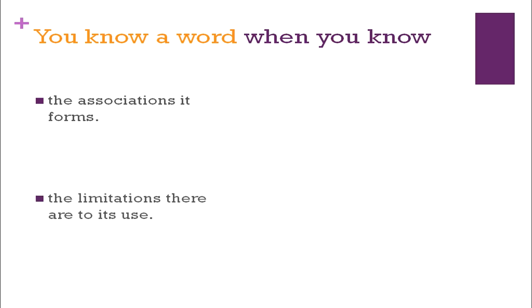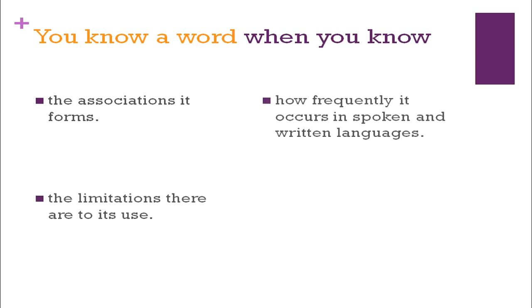Then its syntactic behavior, that is the type of meaning it expresses. You know a word when you know the associations it forms, the limitations there are to its use, how frequently it occurs in spoken and written languages. There are some words which we use quite a lot, there are some words which we use rarely.